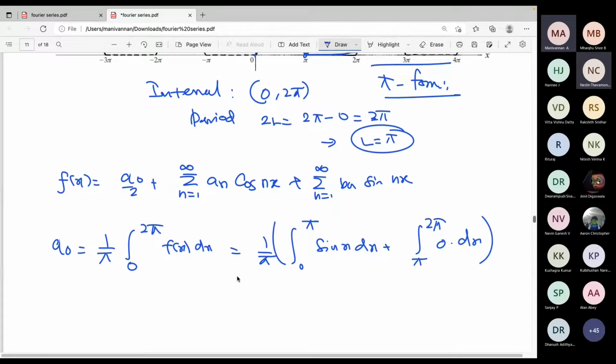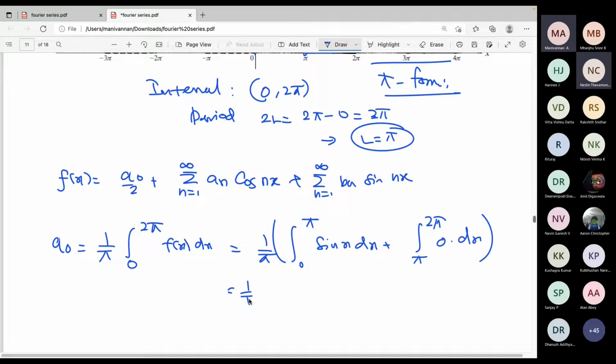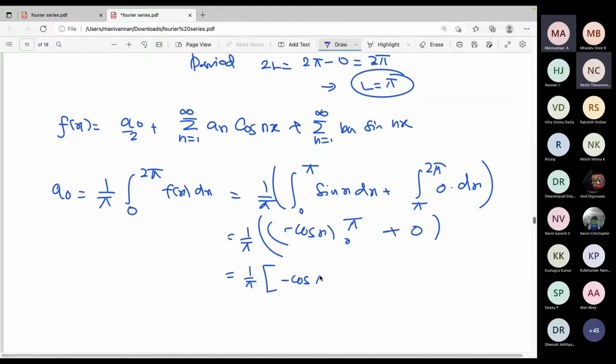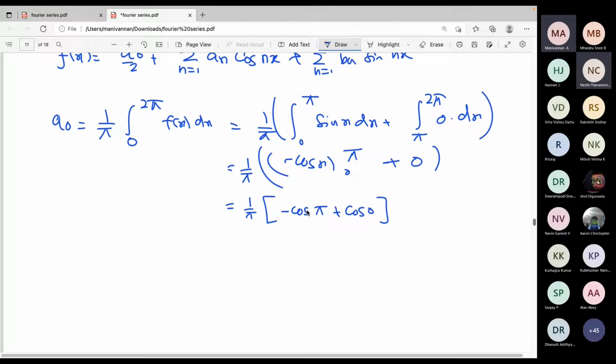So 1 by pi times minus cos x from 0 to pi. This is 0, and this is 1 by pi. So this is minus cos pi, minus of minus cos 0. Cos 0 is 1, cos pi is minus 1. Overall it is 2 by pi. Is it clear? Yes, sir.